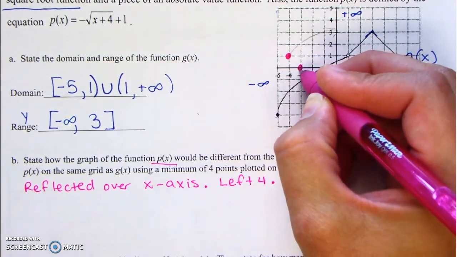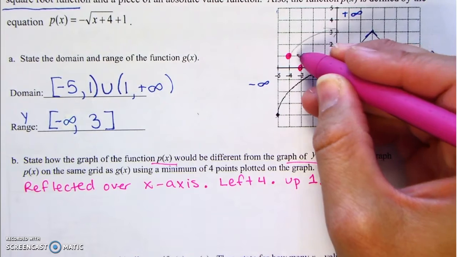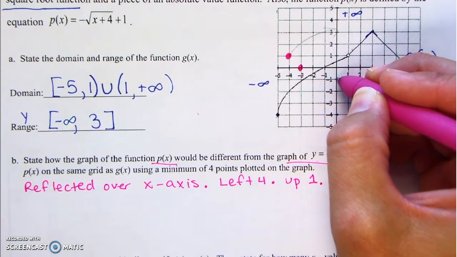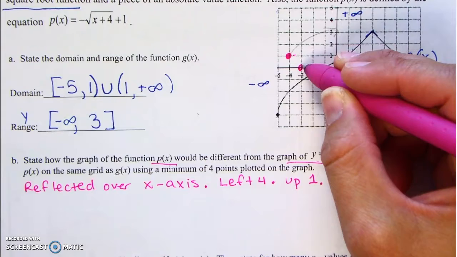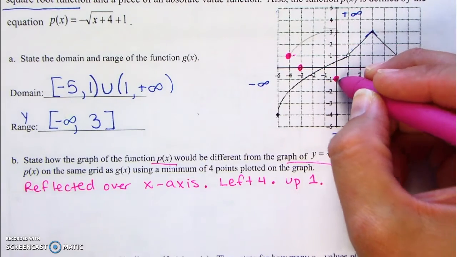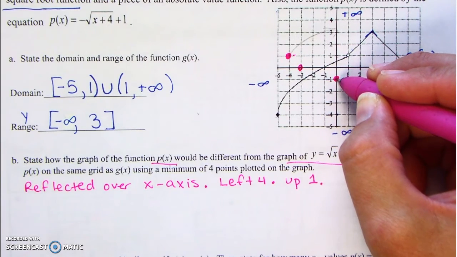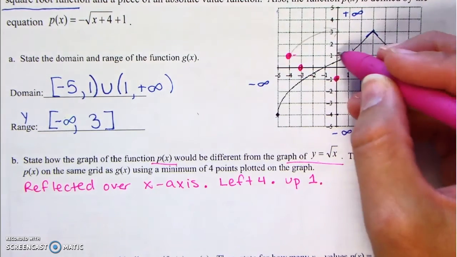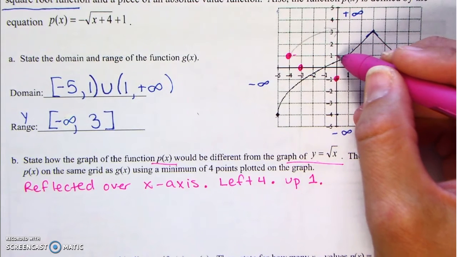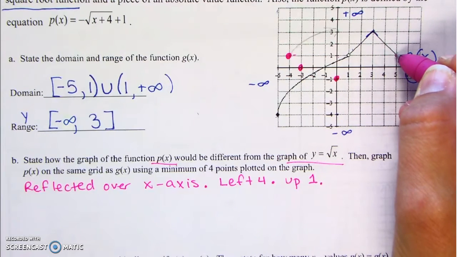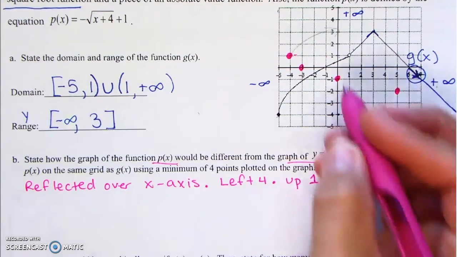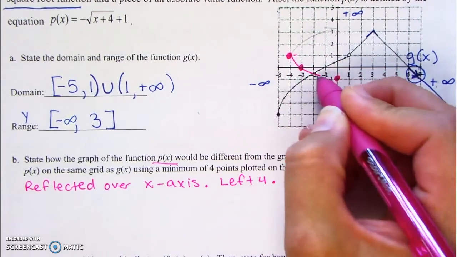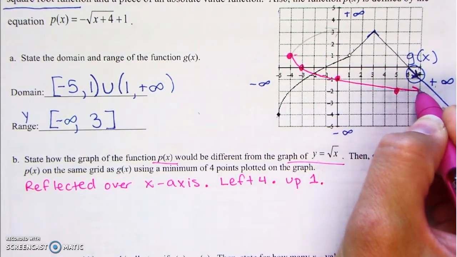And here's this point. Then the point goes over 4 and down 2, because that's the square root. The square root of 1 is 1. The square root of 4 is 2. What's our next point going to be? The square root of 9, and then down 3. This is our p function here.